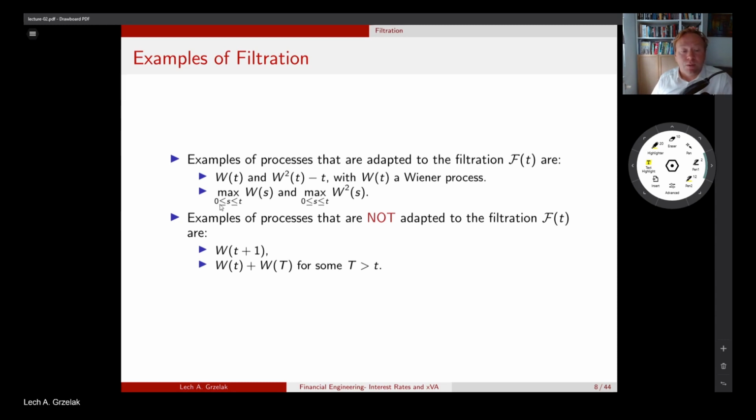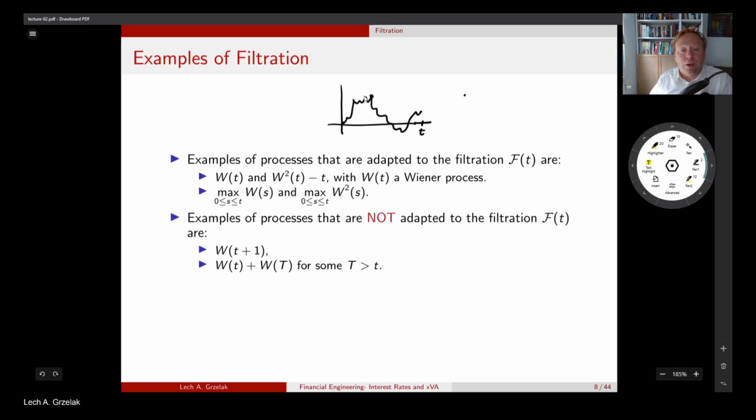And of course, here we have another example where we have two variables. We have the maximum of 0 and W_s. This means that we look at the path of Brownian motion. Brownian motion starts at 0. We look at the path until time t, small t, and we look at the maximum value of this process. Or squared, so squared will be much more exposed. Whether it is a maximum, minimum, or a square, you see that this doesn't look into the future.